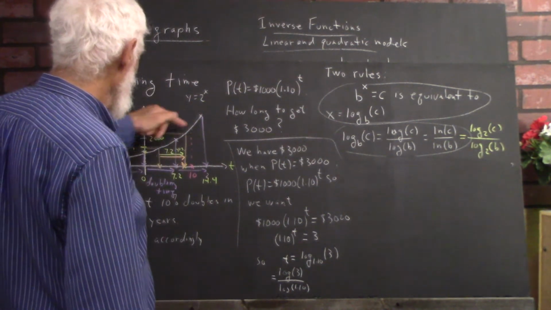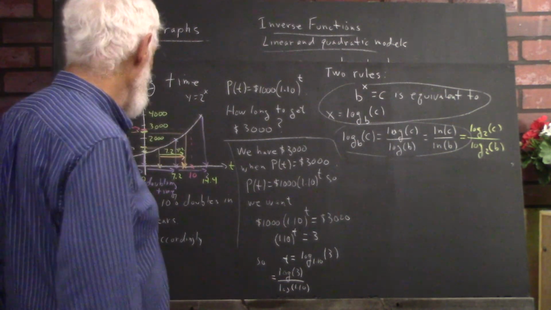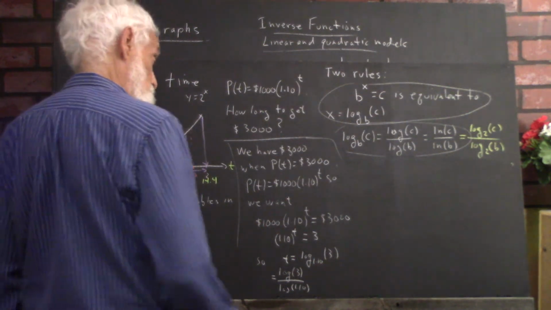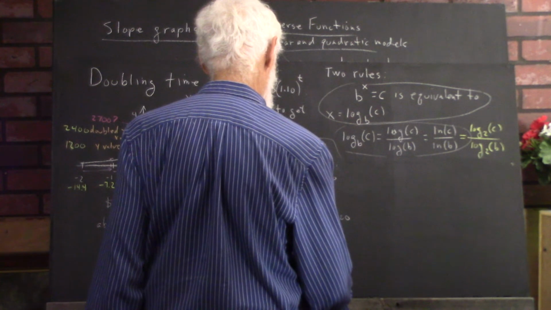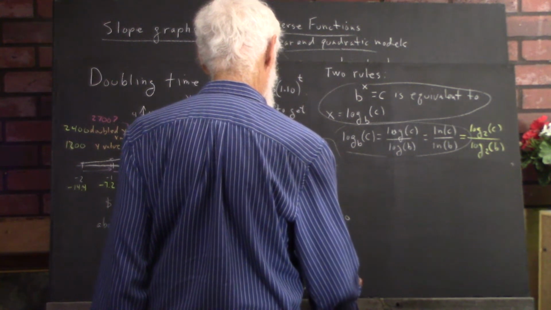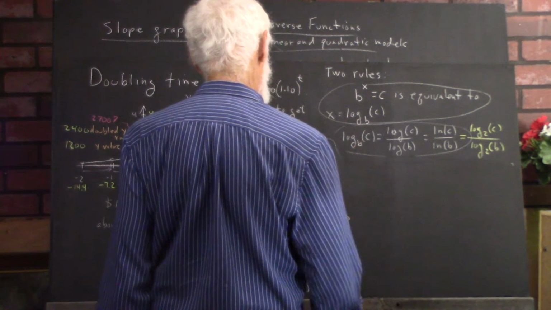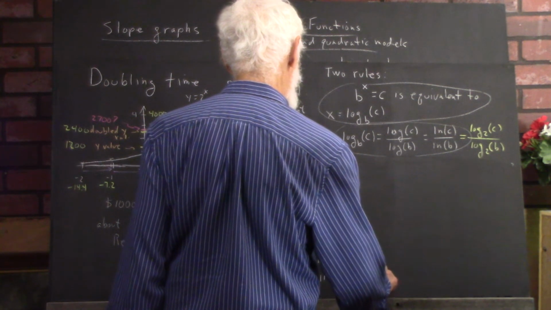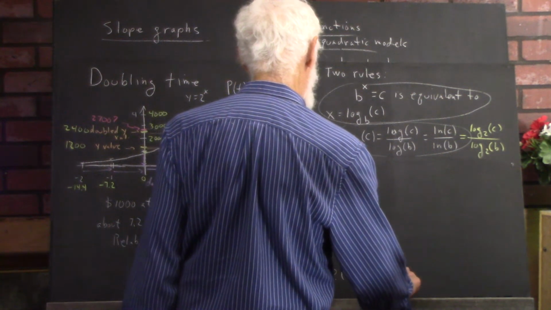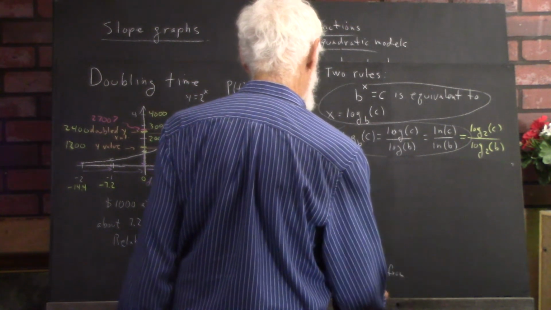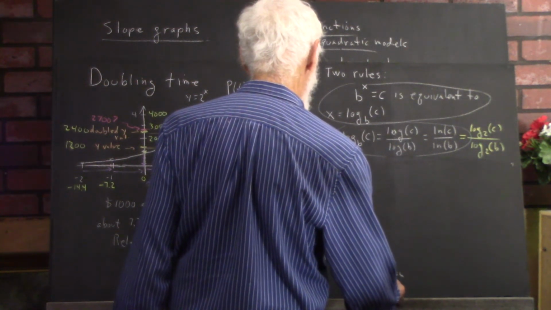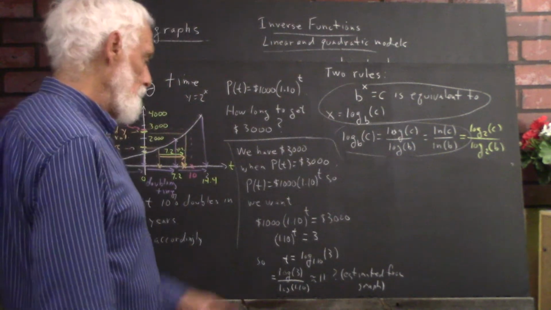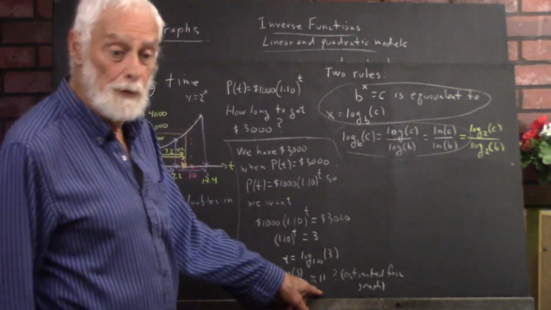Now, looking at my graph, I expect that's going to be equal to maybe 11, where the 11 is estimated from the graph. 11 is a reasonable result.